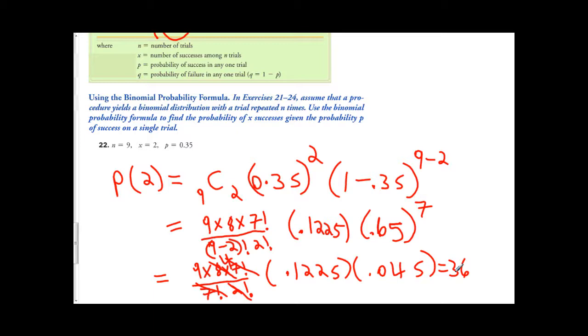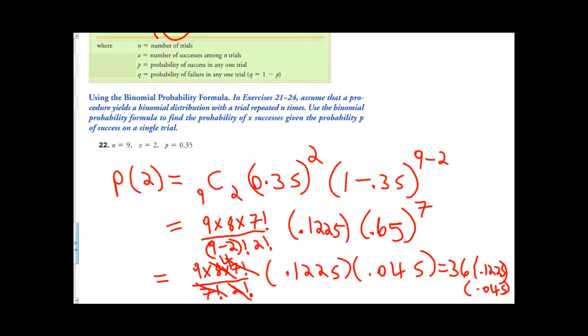And let's see, 36 times 0.1225 times 0.049. Let's see what that yields. 36 times 0.1225 times 0.049 is equal to 0.1984.